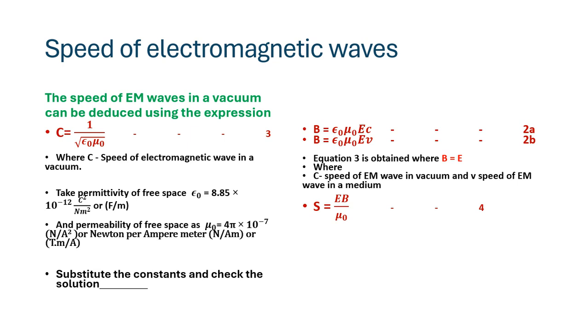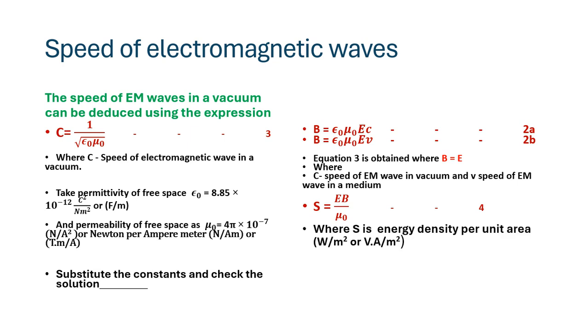So just note that it is from equation 2 that we deduce the expression for equation 3, which we use to find the speed of light in a vacuum. At a point where B and E have the same expression, we will always derive equation 3, and that's how we got that.